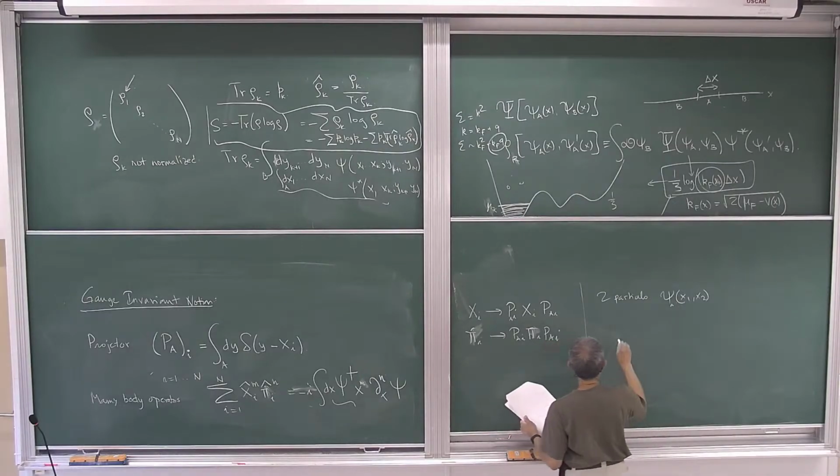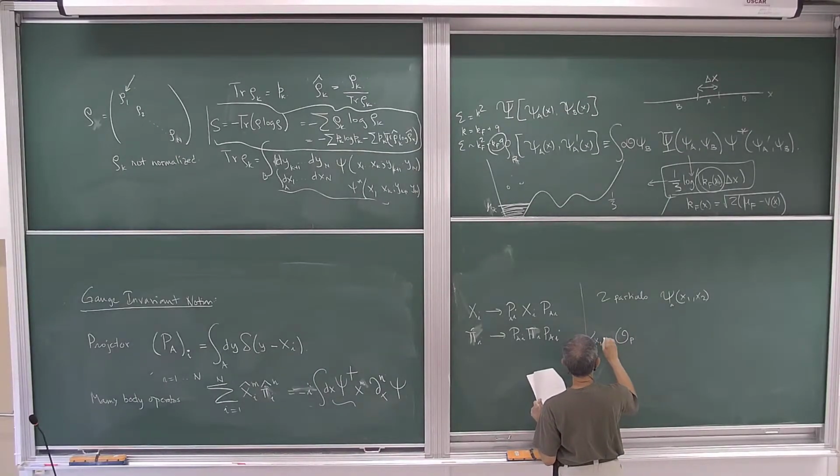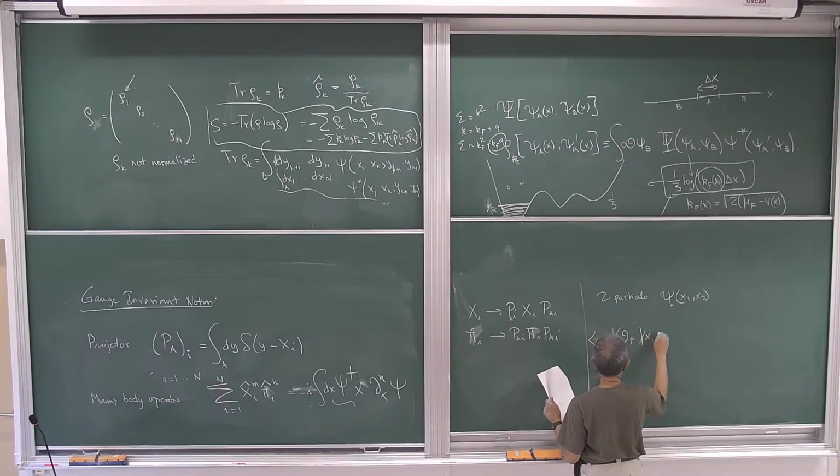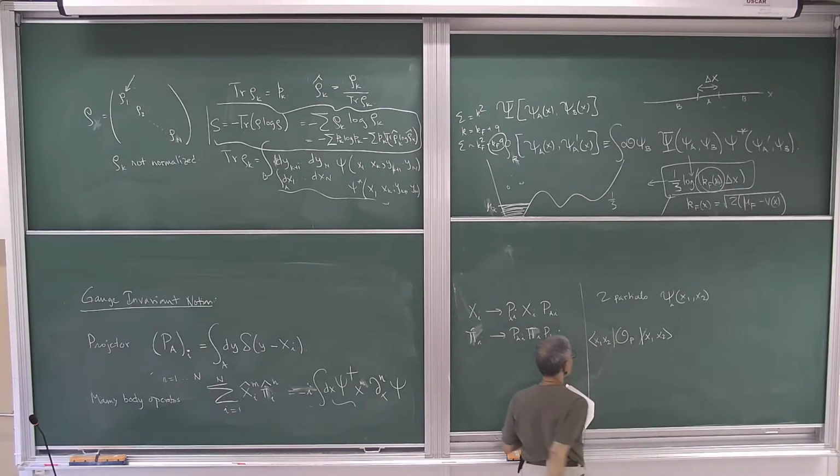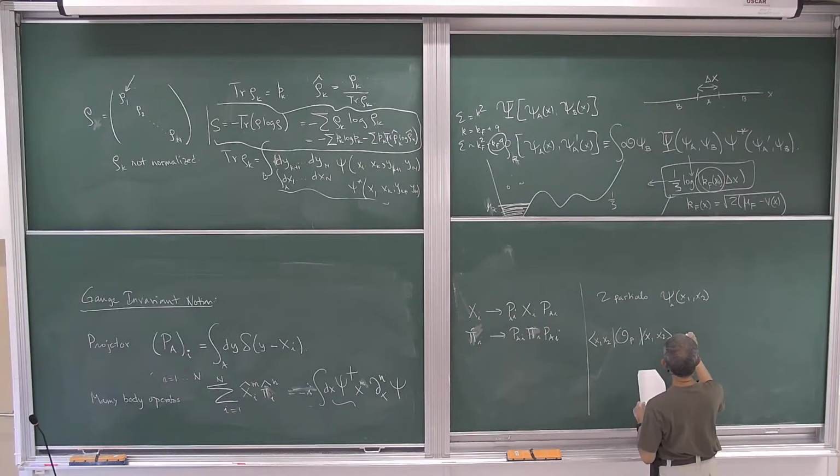I'll call the projected operator OP. You can easily check that this object in the full Hilbert space is what you want to calculate. Just plug everything in, there's an explicit expression in terms of the wave functions, and then you calculate. What you find is the result is this.